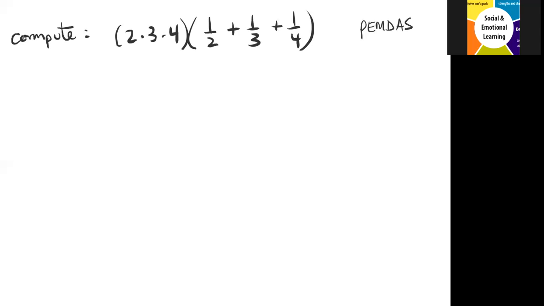Well, could I simplify what's in the brackets here? If we're looking at PEMDAS, PEMDAS tells me I need to simplify what's in the brackets. So could we simplify 2 times 3 times 4?